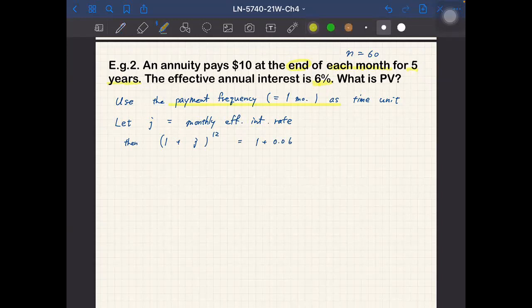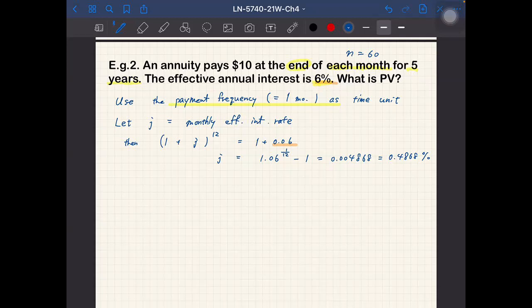So j is equal to 1.06 to the power 1/12, minus 1. And this becomes 0.004868, or 0.4868%. So you can see that it compounds. This rate is a little less than 1/12 of 6%.